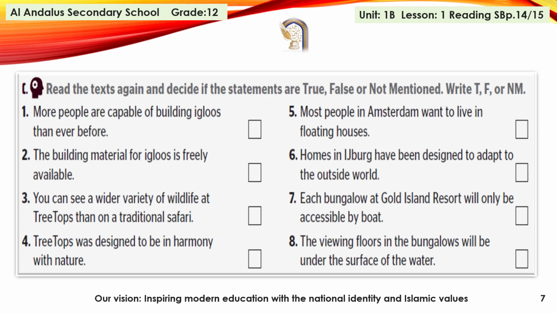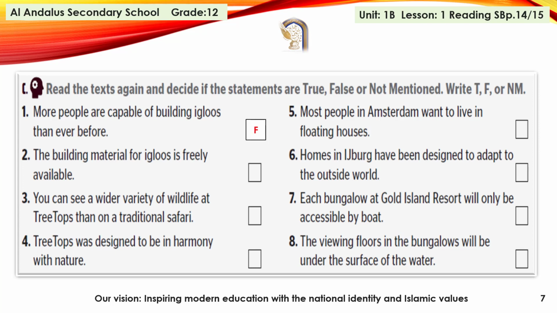Write T, of course T for true, F for false, NM for not mentioned if the piece of information is not referred to in either text. Number 1, more people are capable of building igloos than ever before. Of course, this is false.